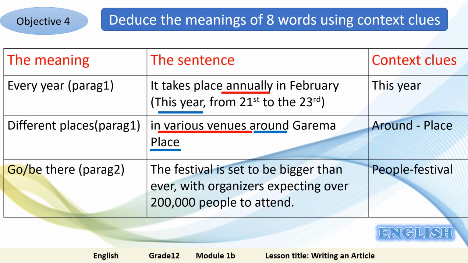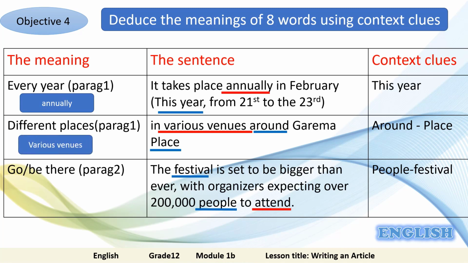So people are to go. People are to attend. You're correct. How can you tell? From the words festival and people. Accordingly, every year here means annually. Different places, various venues. Go or be there is to attend.